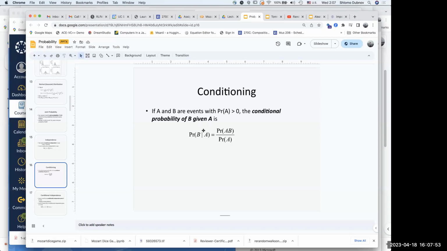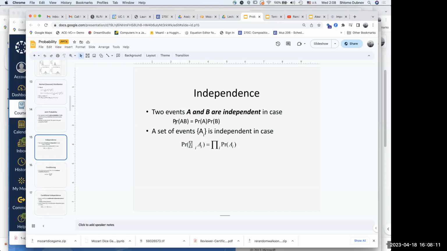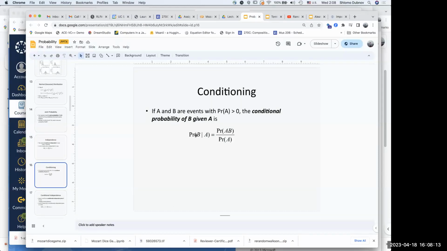For this to have any practical meaning, there has to be a dependence between the events, because if they're independent, then the probability of B given A is just the probability of B. And you can see that this translates to the same equation here. Now the probability of AB is the product, right? So for this not to be the trivial product, something has to be happening here.